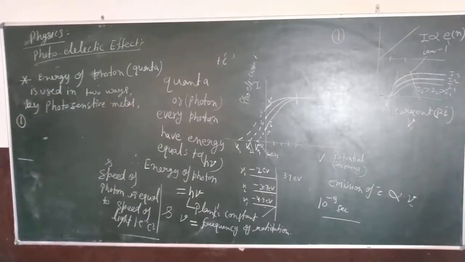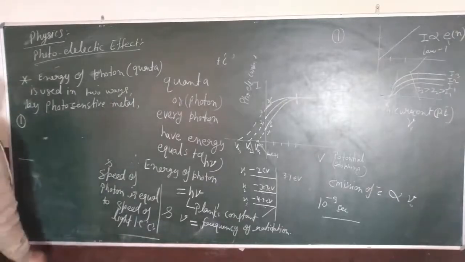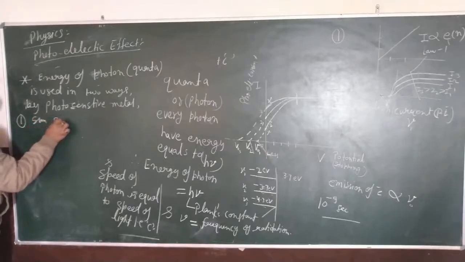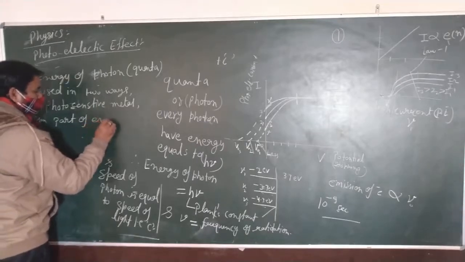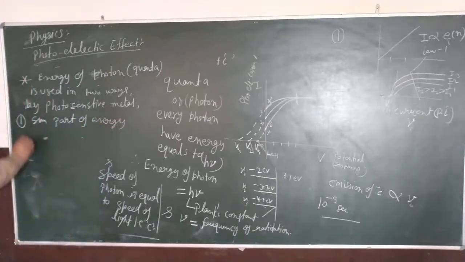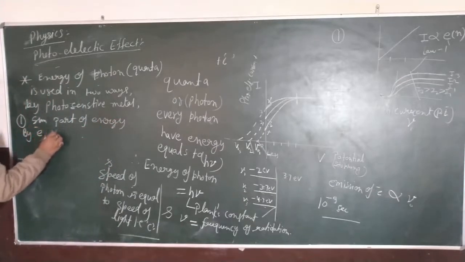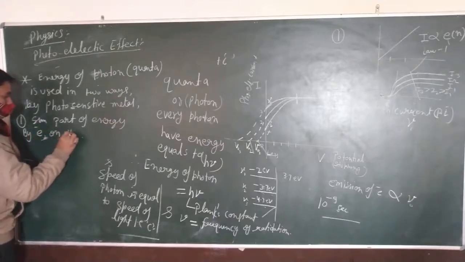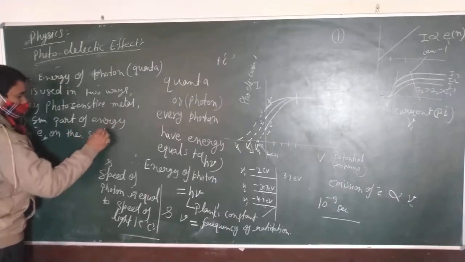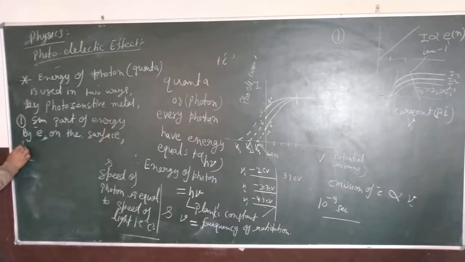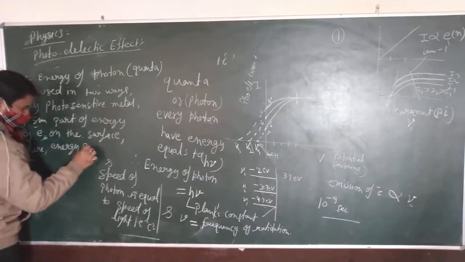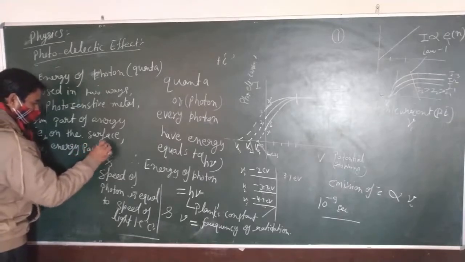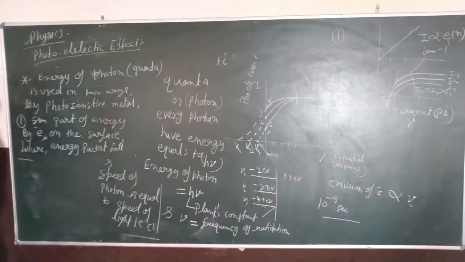First, some part of the energy is absorbed by the electron on the metal surface, which is needed to emit the electron.